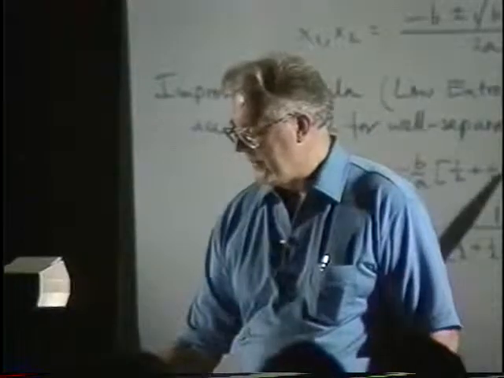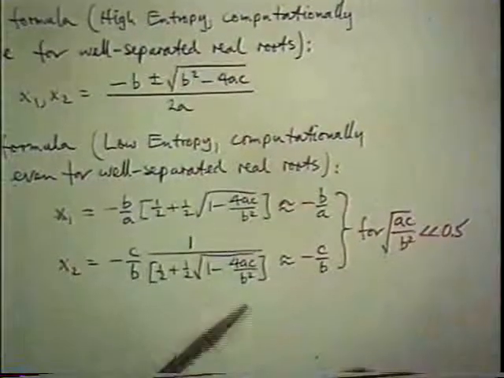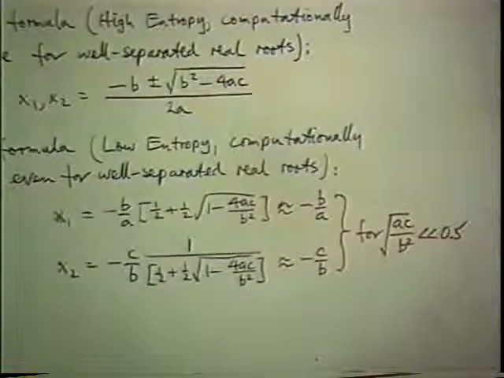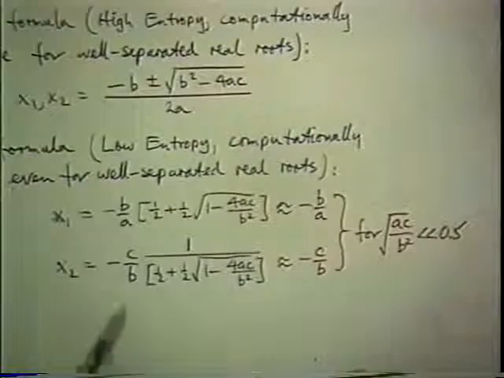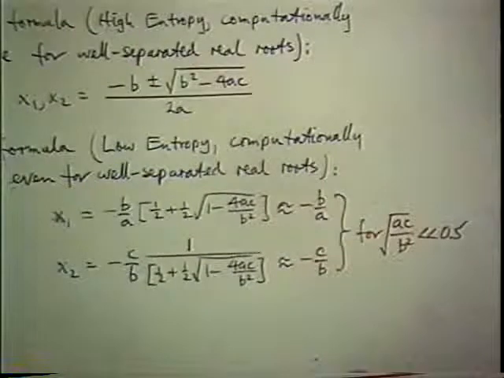In fact, the square bracket is the same in both of the formulas, so when you get your calculator out, you compute that with whatever your last digit accuracy is, which means you compute both roots with the same last digit accuracy, and you don't lose the accuracy in one of them.